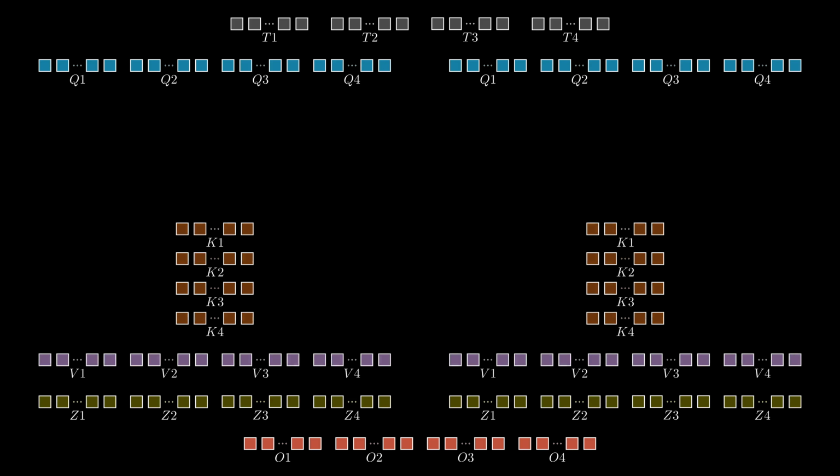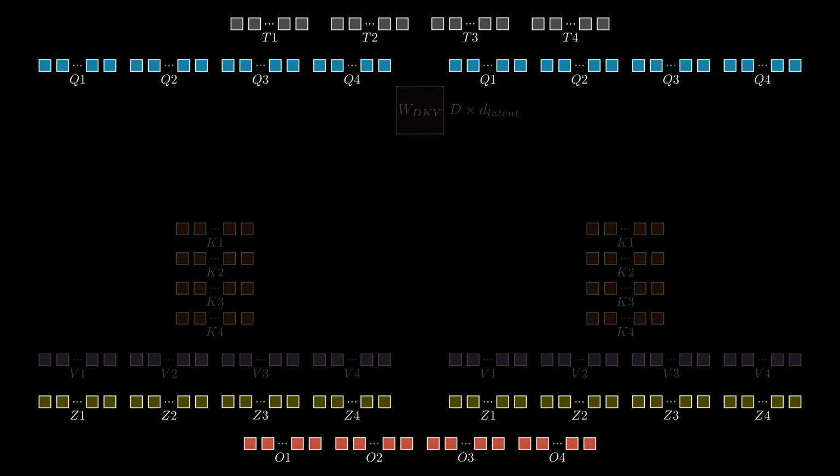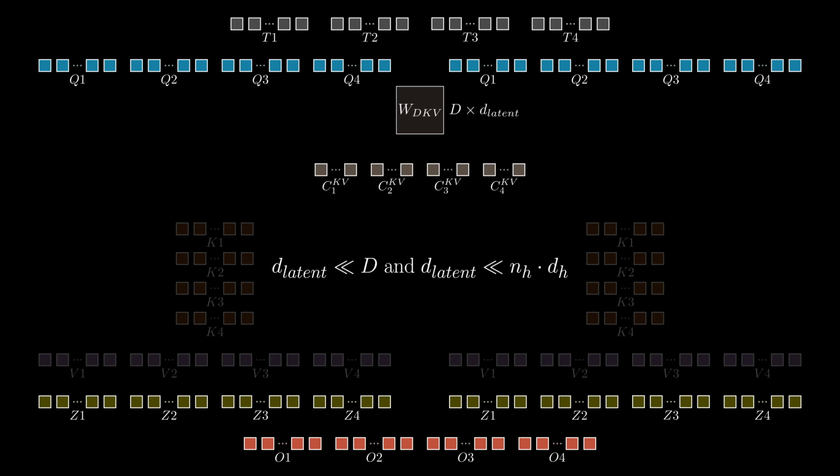In MLA, instead of directly computing K and V, token representations are first compressed into a latent shared KV representation using a projection matrix WDKV, which is of shape D by D latent. This produces a D latent dimensional representation for each token, and this D latent is much smaller than D, as well as number of heads times head dimension.